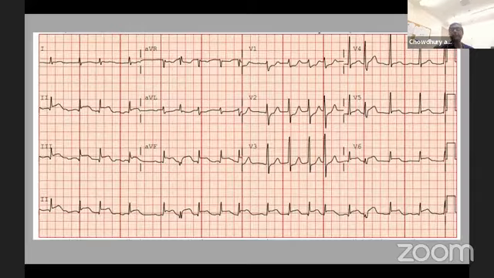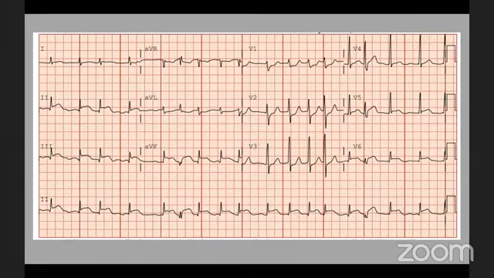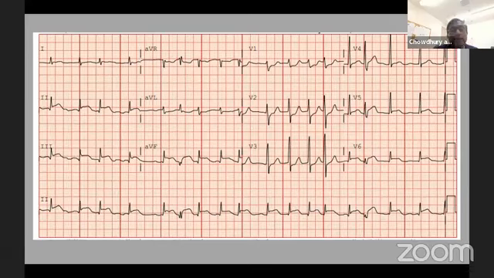What do you think about the infarct-related arteries? Circumflex. What? Circumflex. Okay. And anybody for RCA?